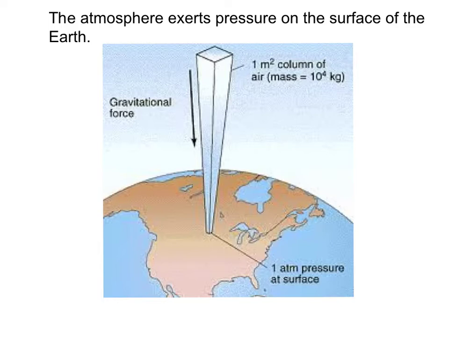And you'll notice here in this picture, imagine you have a column of air that is 1 square meter, so a meter by a meter, and that column extends from the Earth's surface all the way up into the upper atmosphere. Well, that amount of air has mass, and as the Earth's gravity pulls it down towards the Earth, that mass is sitting upon you.